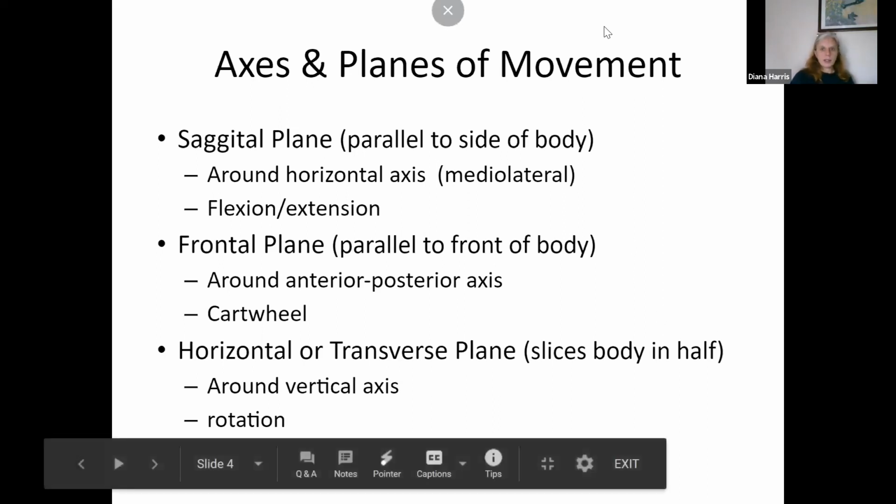So I am going to stop sharing my screen right now so you can get a look at me performing some movement in the sagittal plane. So I'm standing against the wall. The wall is my sagittal plane, right? That's the plane of movement.